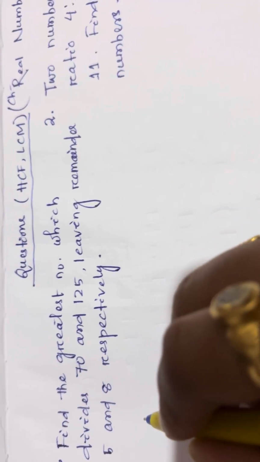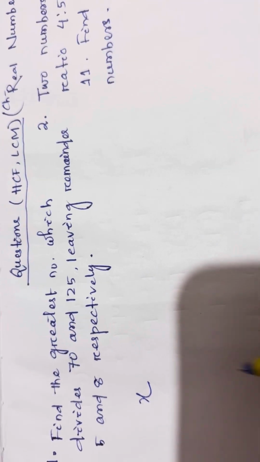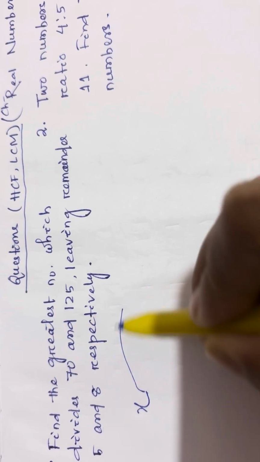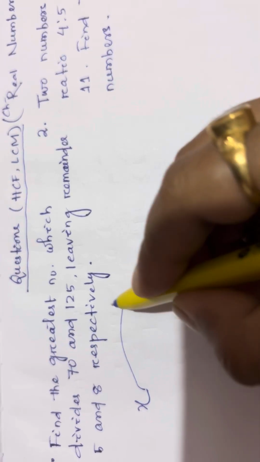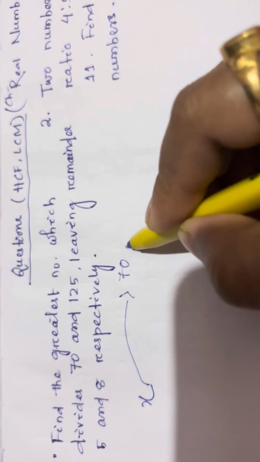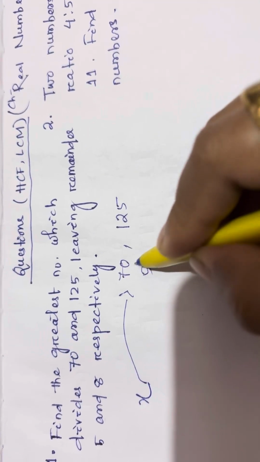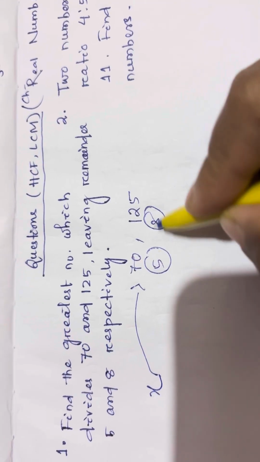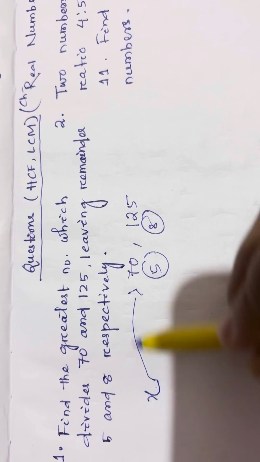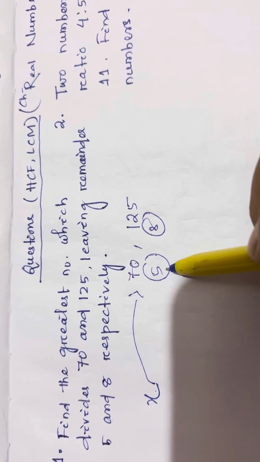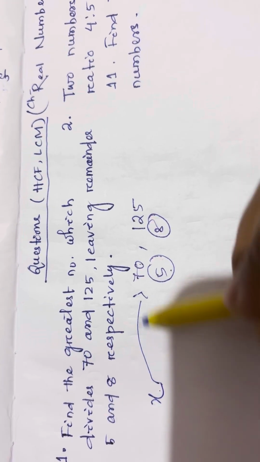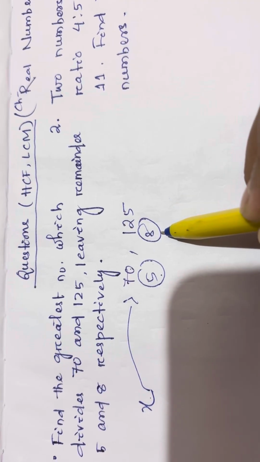Find the greatest number which divides. Let's take the number as x, suppose. That means x is dividing 70 and 125 and leaving remainder 5 and 8 respectively. When x is dividing 70, it is giving the remainder 5. When x is dividing 125, it is leaving the remainder 8.